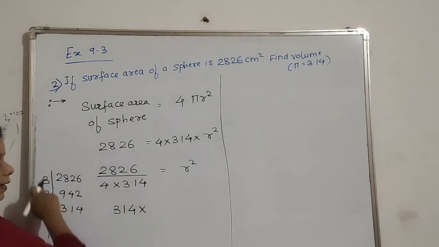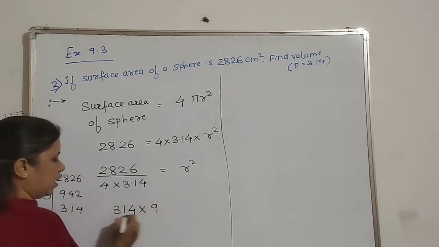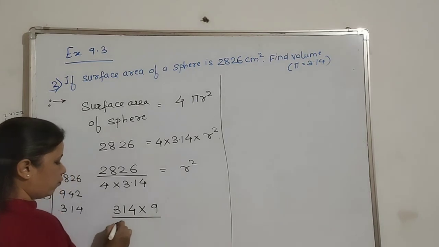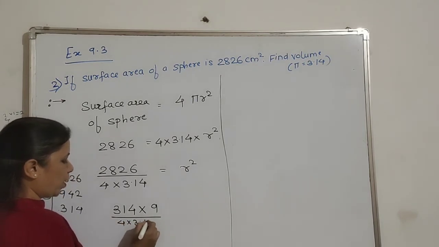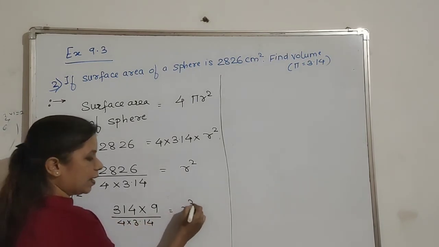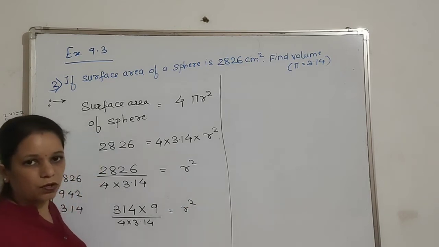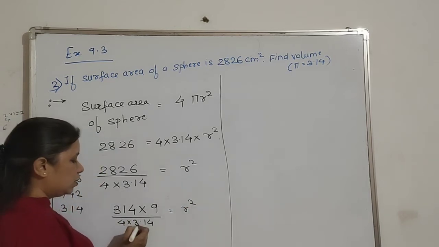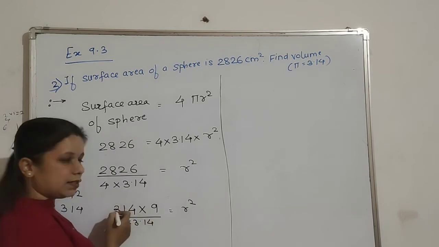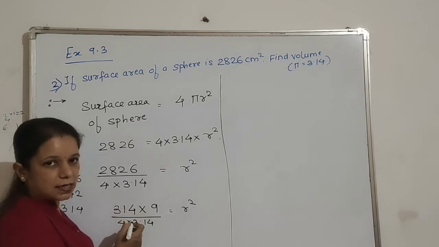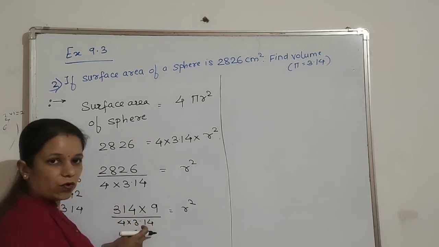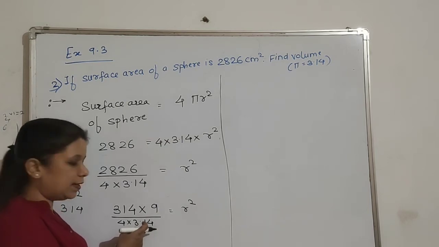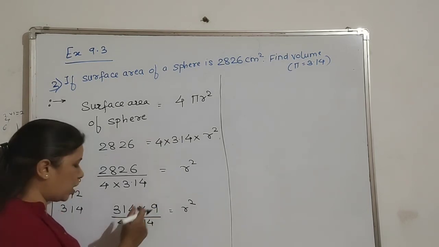314 into 9 upon 4 into 3.14 is equal to r square. Okay. Now this 3.14 and this 314, they will get cancelled out. 314 means when you remove the decimal point, 100 will go up.